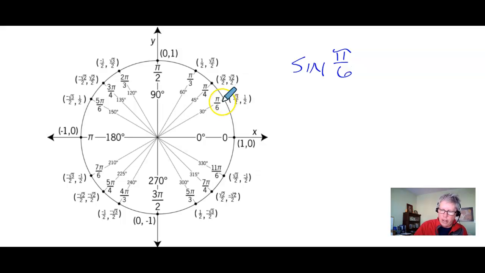So the pi over 6 is right here. I see that we have an x and a y coordinate. The y coordinate is associated to the sine value because it is the opposite over hypotenuse. Remember, the hypotenuse is 1, so that is equal to 1/2.